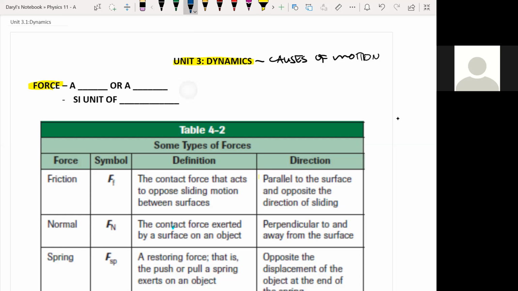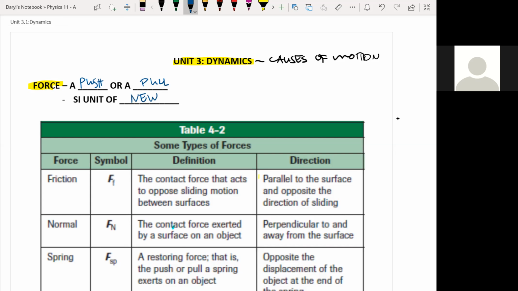Force can just be defined as a push or a pull. Okay, and it is considered as an external influence that can change the state of motion of the object. And the SI unit is Newton.